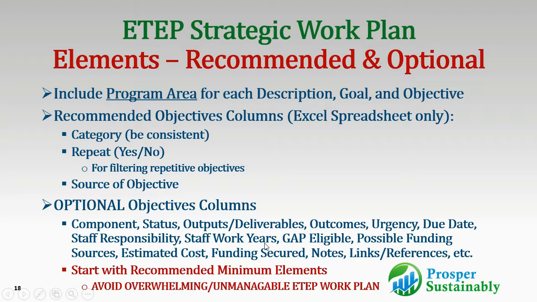It can be helpful, and you probably have that information in your work plans, or you're developing that information as you're developing new work plans. So you could populate your ETEP strategic work plan with that as well. But if you find that adding all this additional information is too cumbersome and you're not using the plan, then I suggest going back to the recommended minimum.